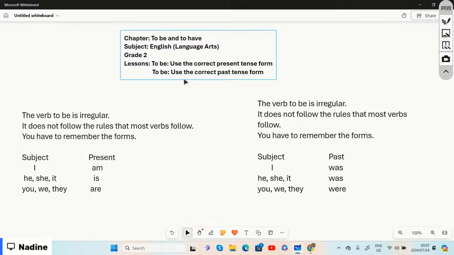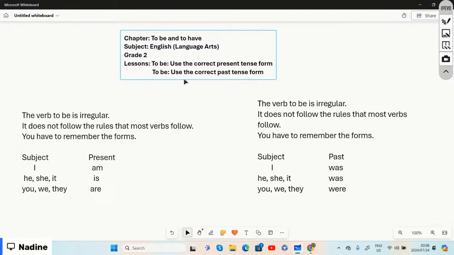You're just gonna have to remember it. All right, so we see that the verb is irregular.